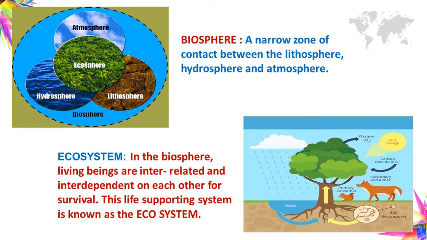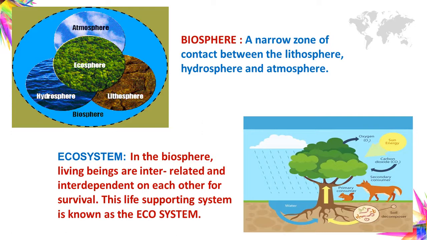Now let us see what an ecosystem is. In the biosphere, living beings are interrelated and interdependent on each other for survival. This life supporting system is known as an ecosystem. Here you can see the primary consumer, the squirrel, which consumes the nuts or fruits from the tree, and the secondary consumer, the fox, which eats the squirrel.